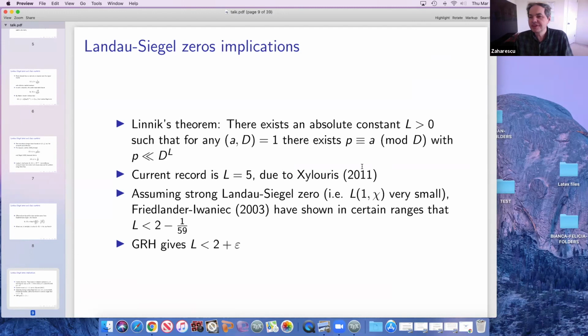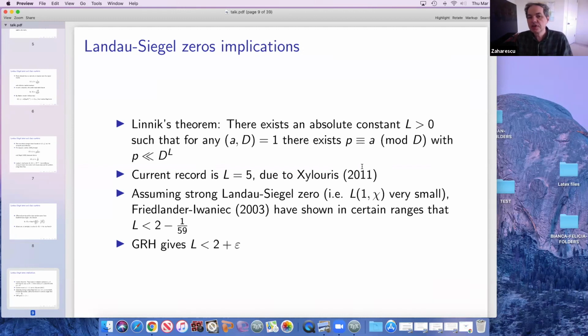The whole point here is that what's known under GRH is that you can take L to be 2 or 2 plus epsilon. Of course, what we expect to be true is that this holds already for L equal to 1 plus epsilon. In an arithmetic progression mod D, if you look at numbers less than D to the 1 plus epsilon, there should be prime numbers.